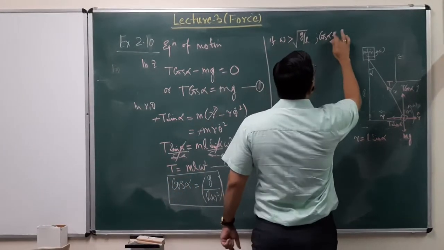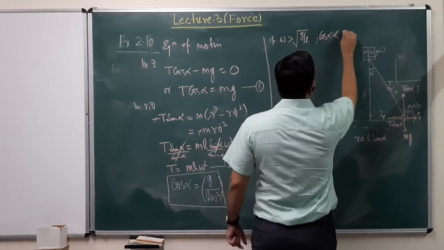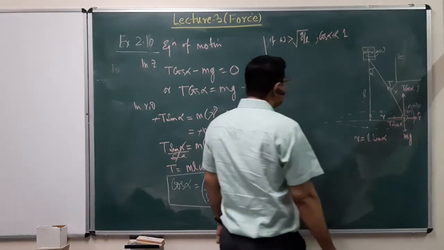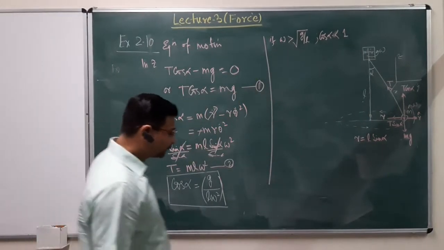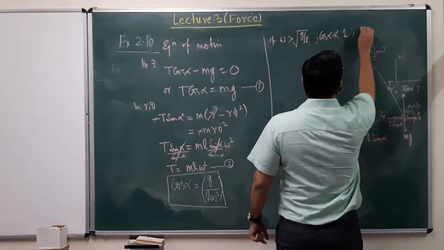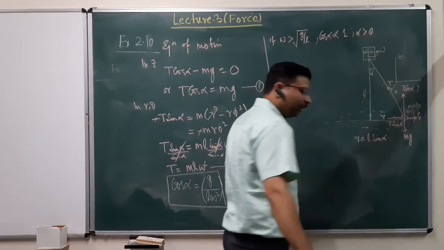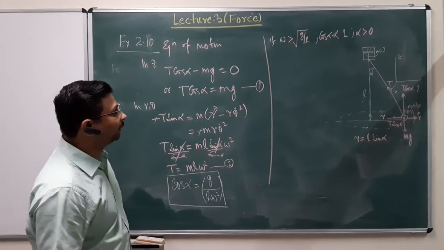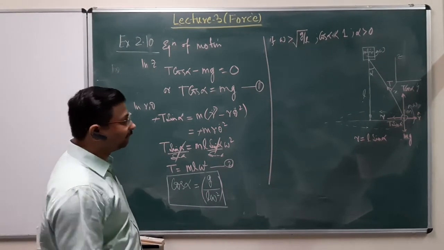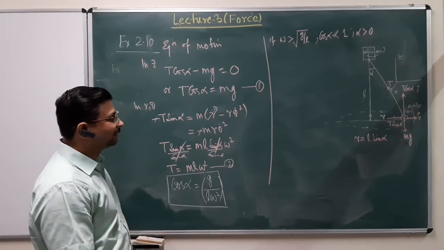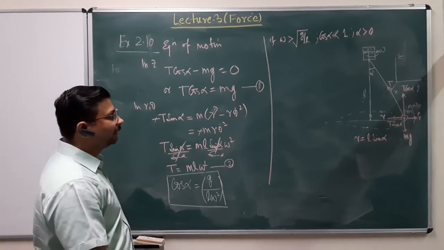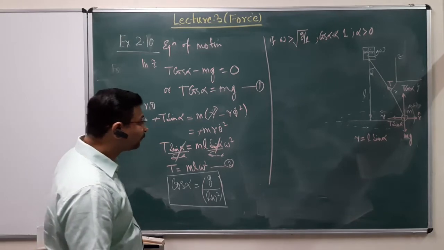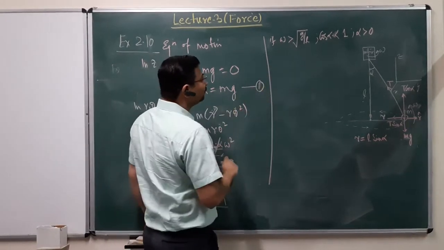So cos alpha is less than 1, and cos alpha being less than 1 means alpha is greater than 0. And we know how a cosine function behaves. For cos alpha less than 1, cos alpha will have a value less than 1 when alpha is greater than 0, and that is this condition.